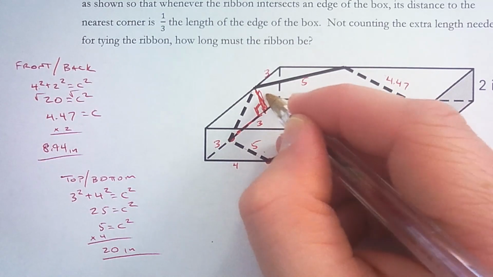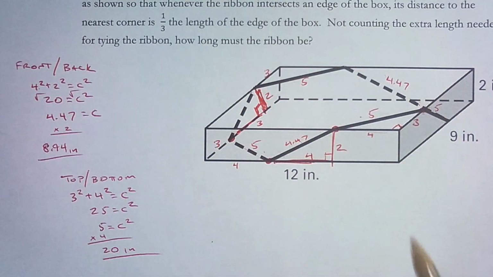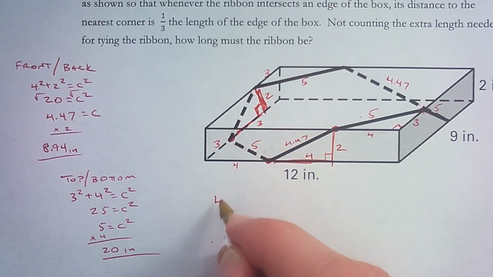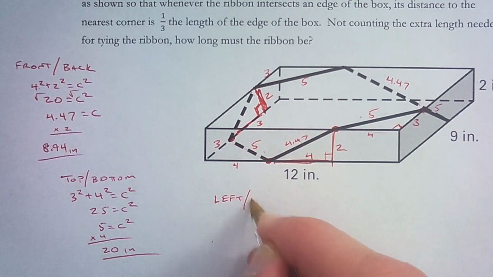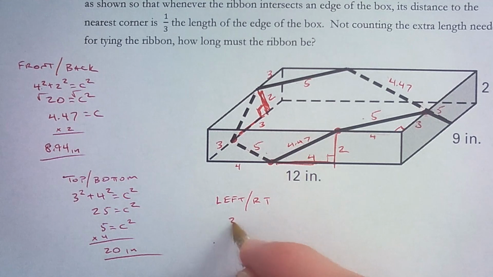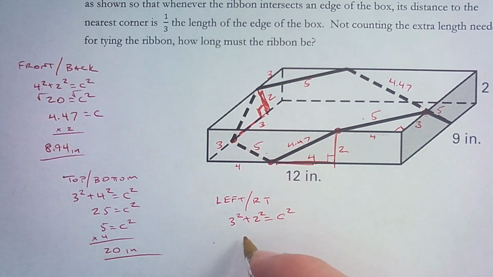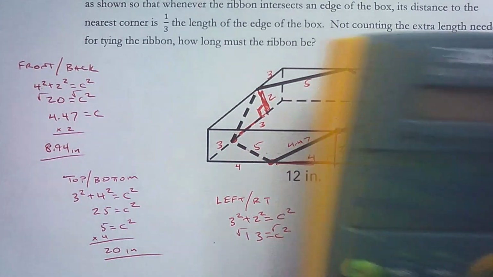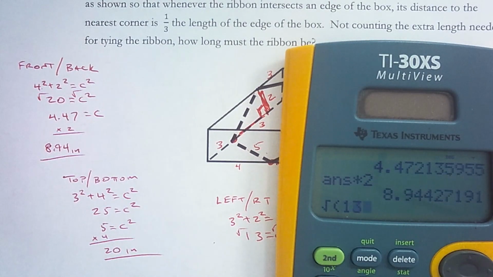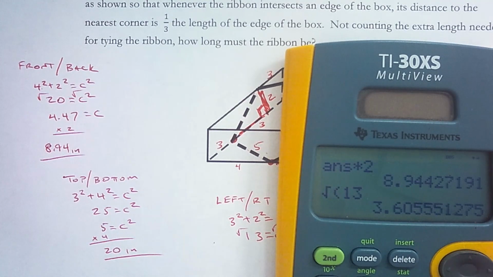And this I know is a height of 2 inches. So for the left and right, I've got 3 squared plus 2 squared equals c squared. So that's 9 plus 4, which is 13. And then the square root of 13 is 3.61.